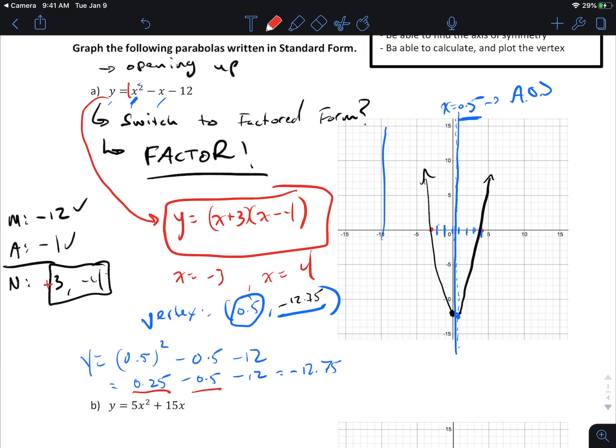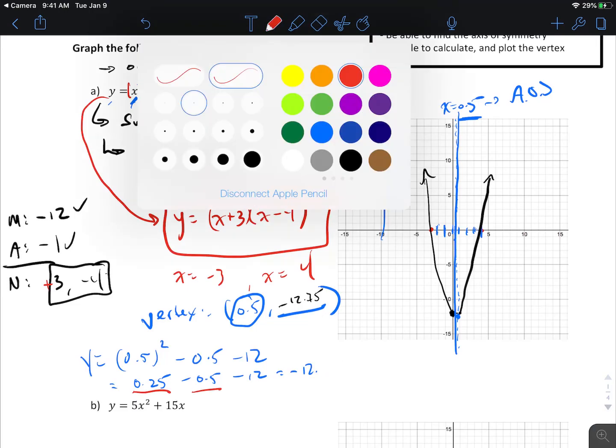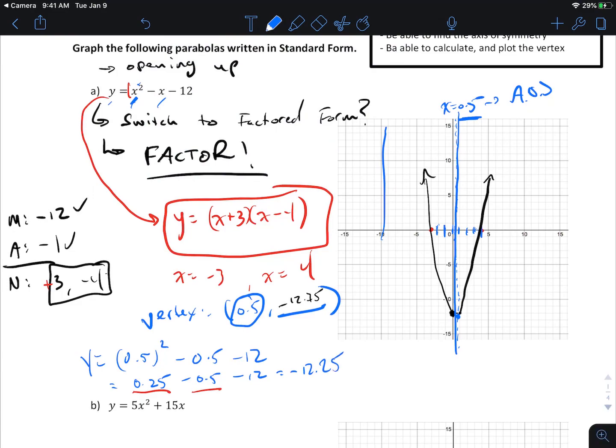That takes me to negative 0.25 minus 12. If you type this in your calculator, you should get this, which doesn't really change your point all that much, but nonetheless.